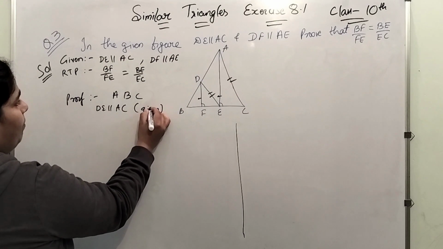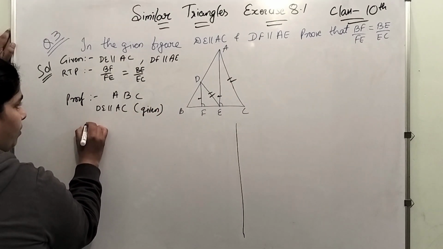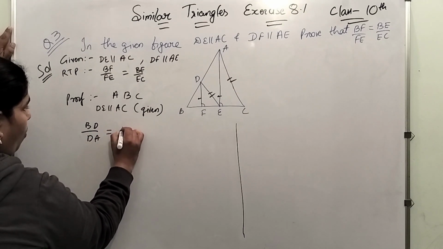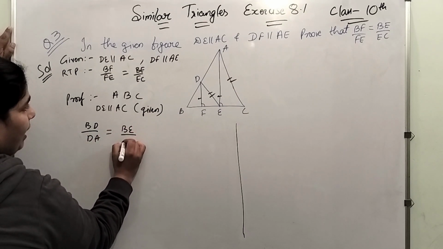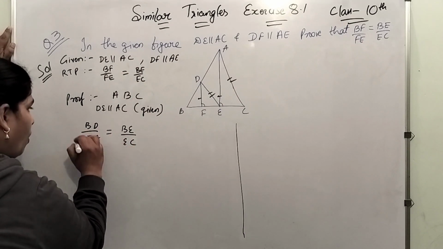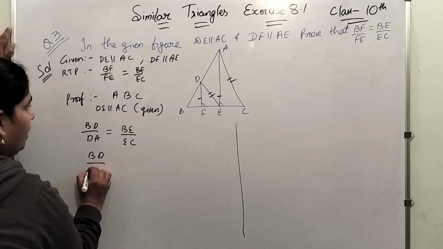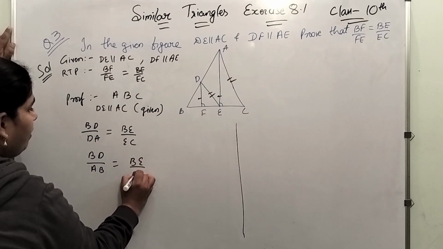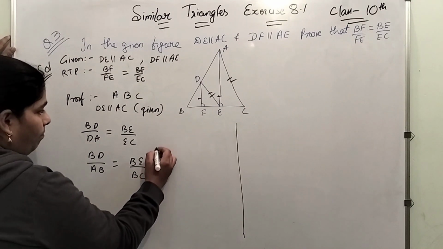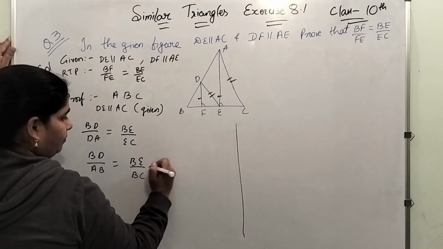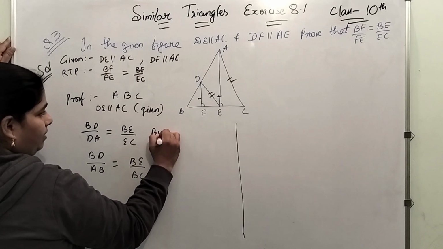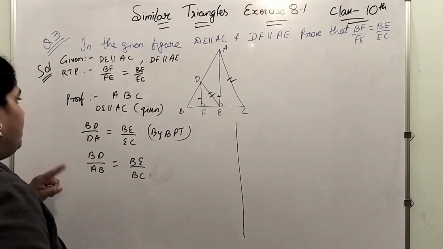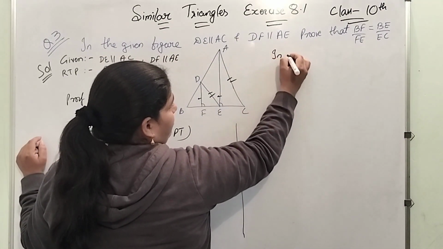Therefore, by BPT, BD by DA is equal to BE by EC. Or I can write it as BD by AB is equal to BE by BC. By BPT.